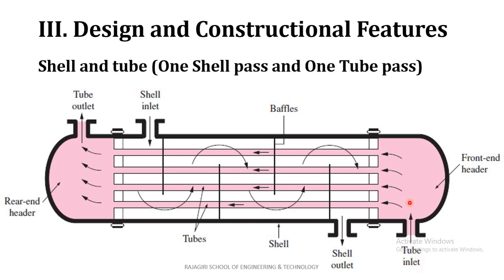The tube side fluid enters at this side and exits at this side. During this movement, it will move through the length of the heat exchanger only once. So it is one tube pass heat exchanger. So one shell pass and one tube pass heat exchanger.